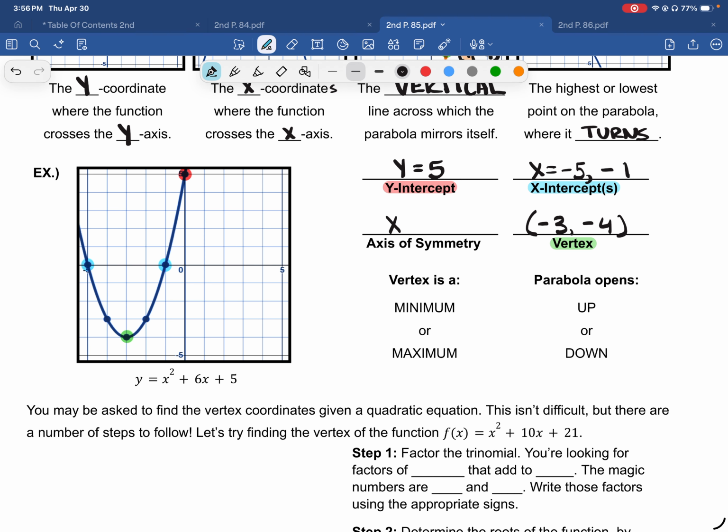The axis of symmetry is just x = -3. This answer will always be this number. And that's all there is to it.